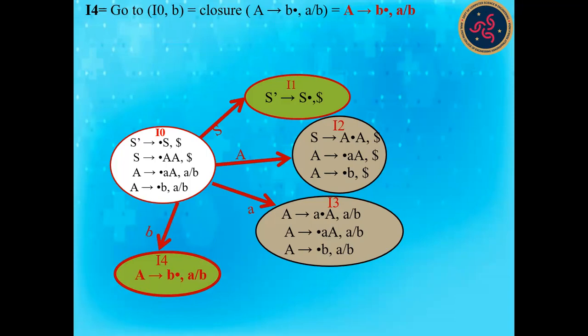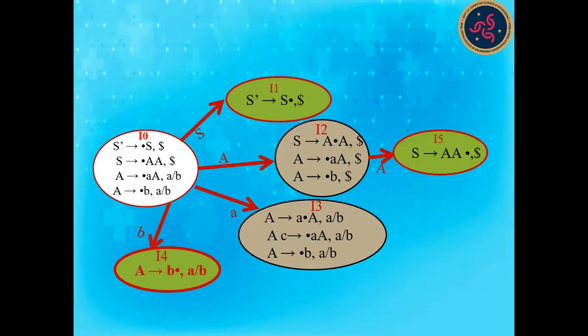Okay. So again, I need to expand the nodes I2 and I3. What are the symbols that can be scanned from I2? First I am taking the symbol capital A, that is a non-terminal. After this dot comes a non-terminal capital A, so this is taken first. So from I2, when A comes, I'm going to a new state, that is a final state.